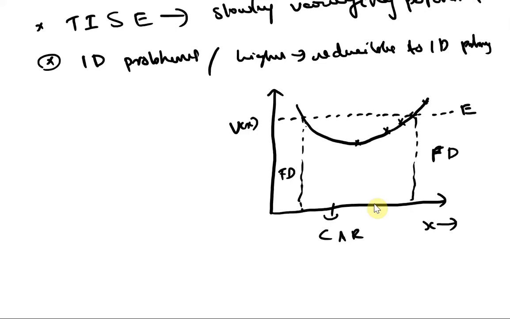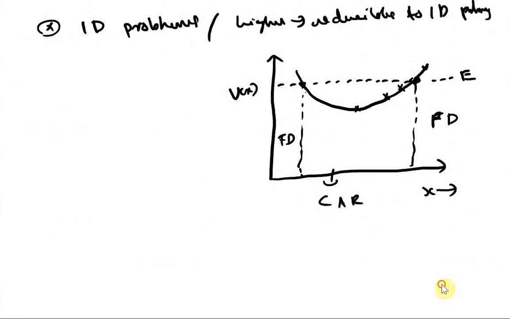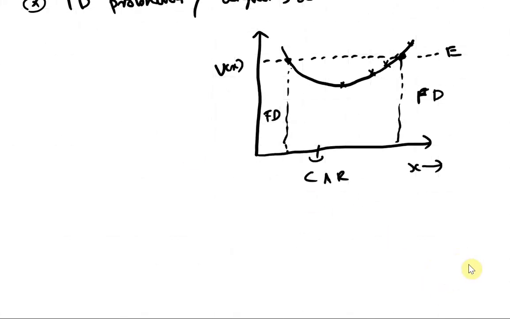And this point is called the classical turning point, because at this point for any particle, the total energy is going to be the potential energy, and that means the kinetic energy is going to be zero. The particle is at rest here, and if the particle is coming from here, it will finally reach zero velocity, and it will return back. So that's a classical turning point. Okay, something that you know already, I just wanted to briefly tell. We will be using it later on.